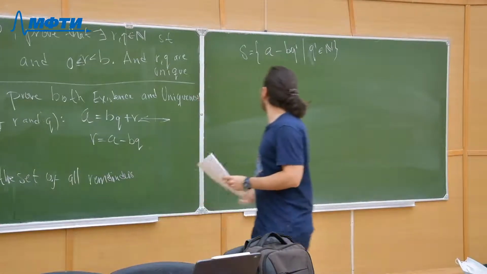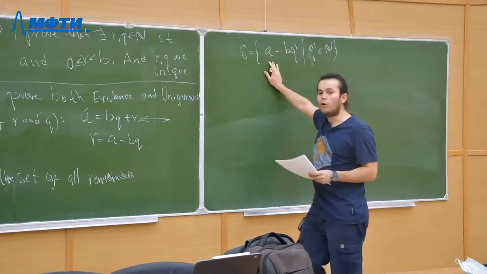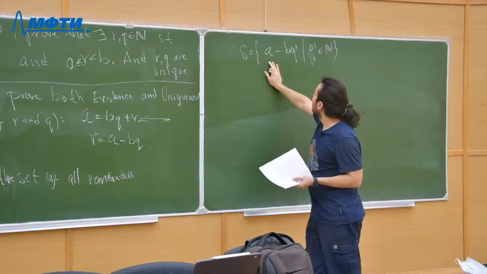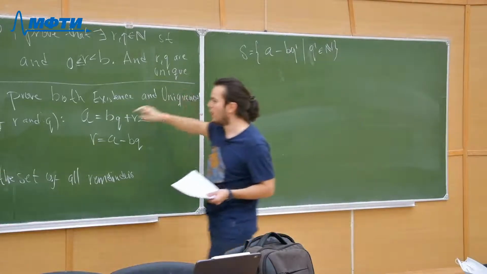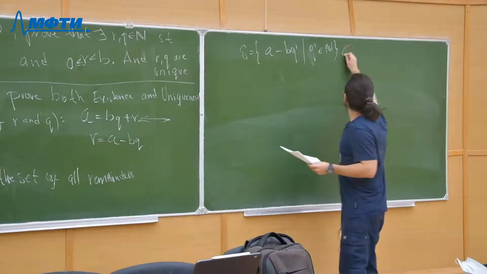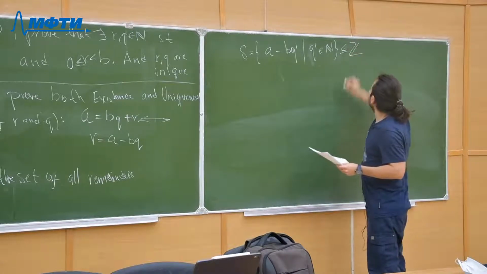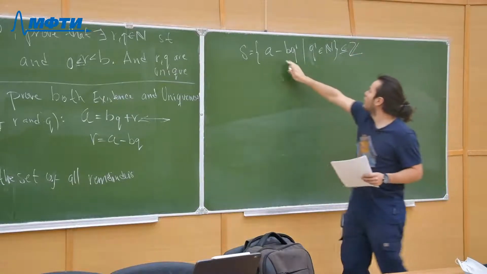So this is the set of all the possible R that we have. And this set is a subset of the integers, because we have a minus here.